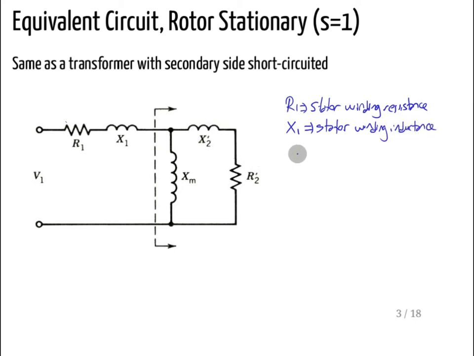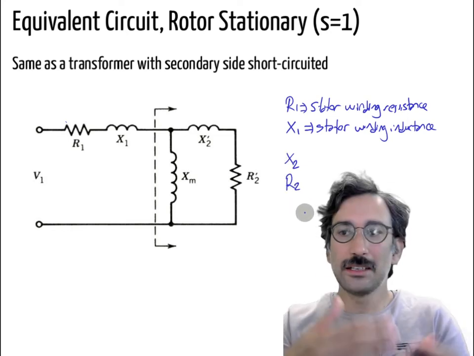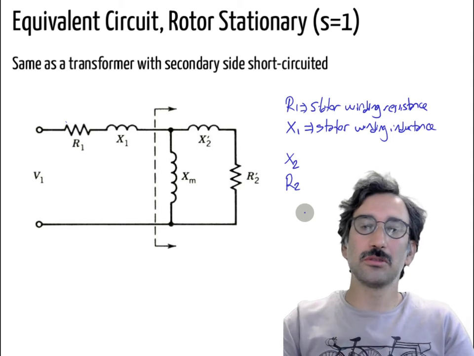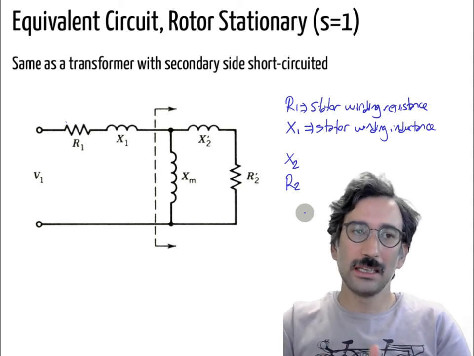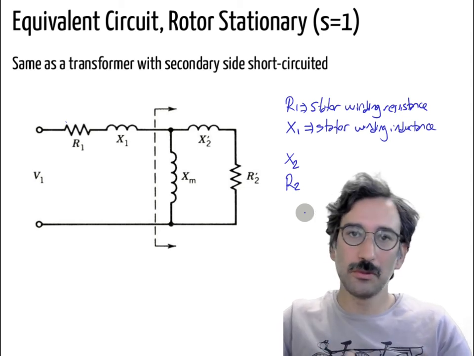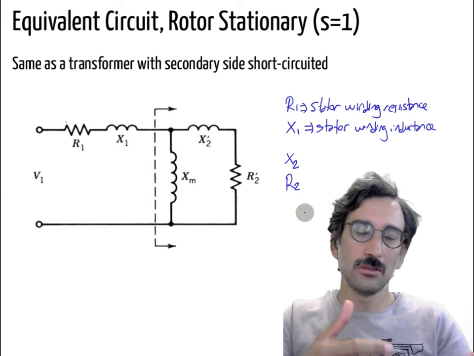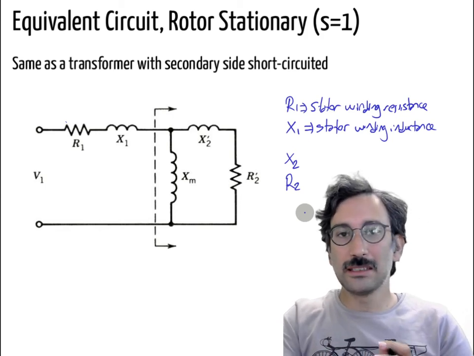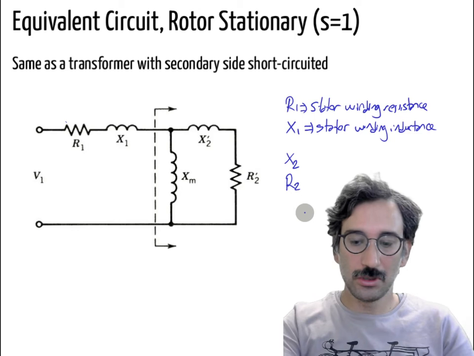Again, we will talk about it in more detail, but we have X2 and R2. If you put them like that, they represent the actual values of the transformer, but from an electrical point of view they are not really useful. What we want is the referred values of those parameters.